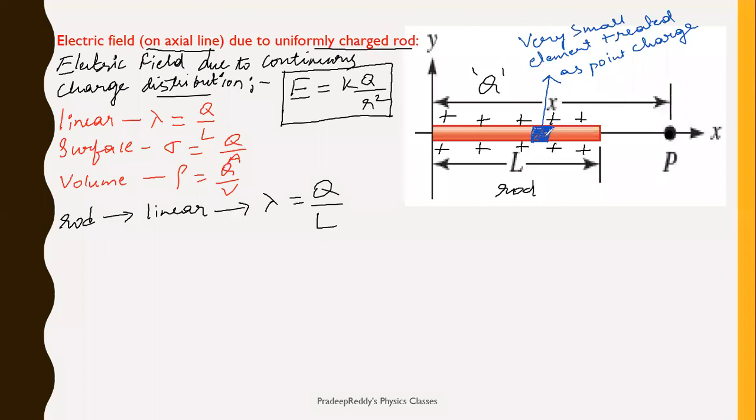This is a very small element, and this very small element is treated as a point charge. For point charges, you can use the electric field equation.